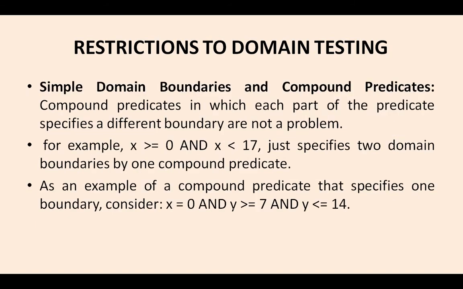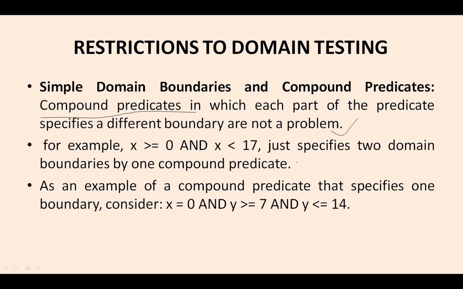Next, simple domain boundaries and compound predicates. A compound predicate is a combination of two or more predicates, in which each part of the predicate may specify a different boundary. For example, x greater than 0 and x less than 17 specifies two domain boundaries by one compound predicate.